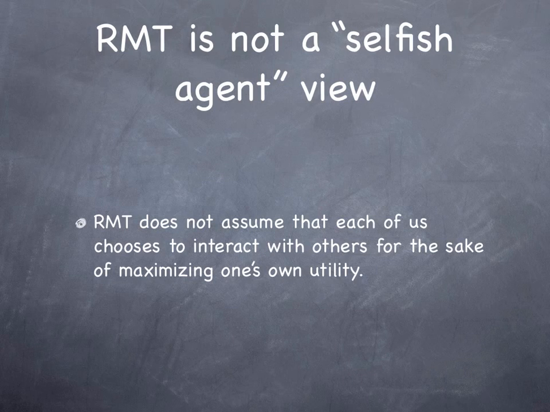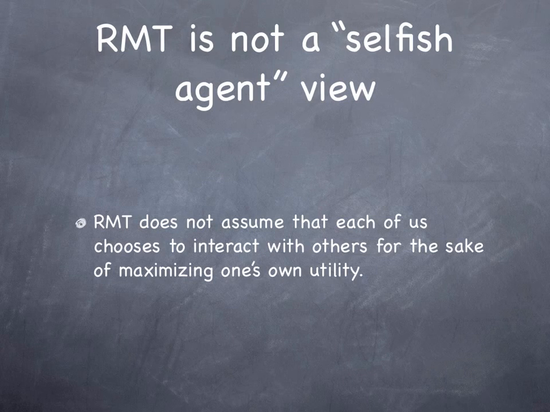That's classic economics, and also the classic view of social cognition, but that's not what relational models theory is. On relational models theory, the relations are construed by the person applying the models as intrinsically worthwhile. Communal sharing is worthwhile in itself. It's not a means to the end of maximizing one's own utility. This also applies to market pricing. Market pricing is a value in itself. It's not done for the sake of something else, according to relational models theory.